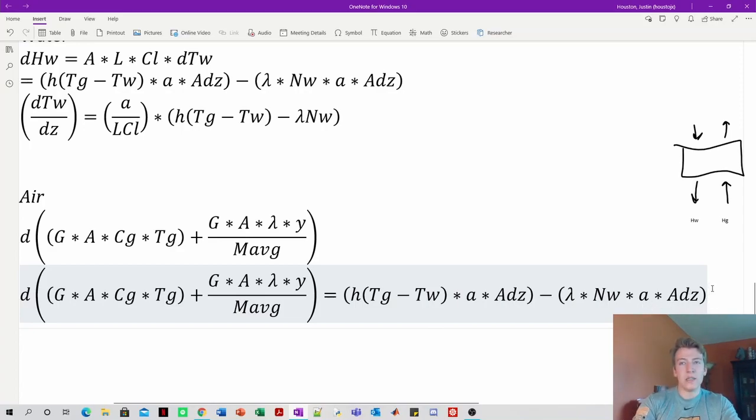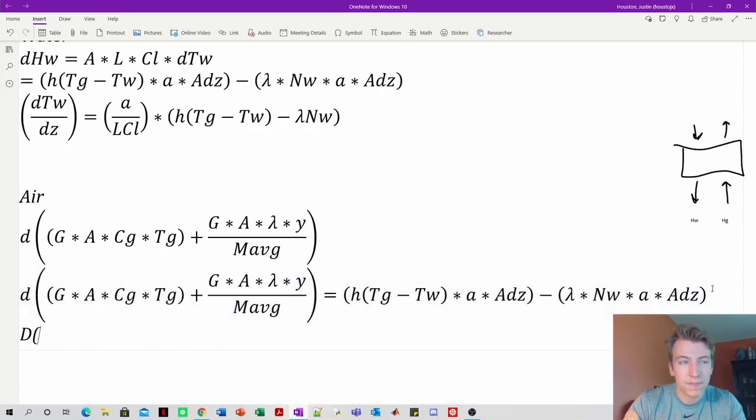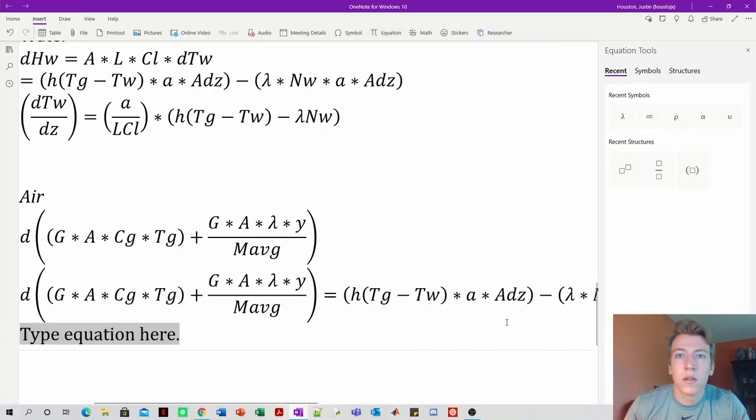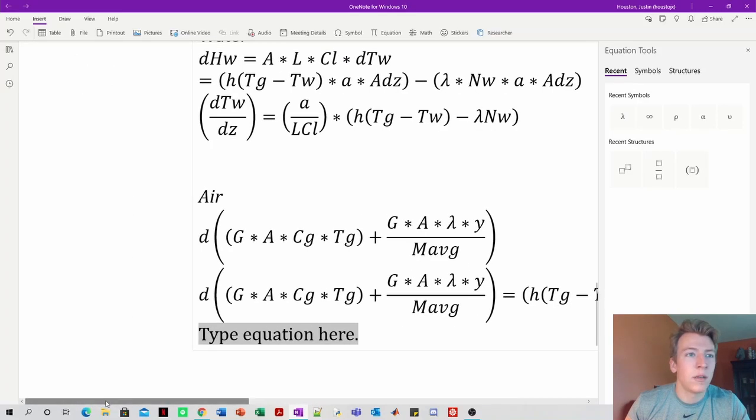So when we do that, we then get, I got to insert the equation again, and slide this over a little bit.